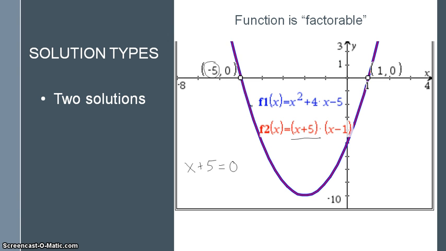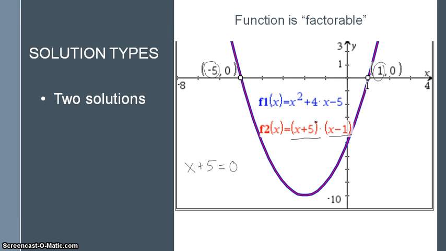So we know that negative 5 is a solution. The factor is x plus 5, because we know negative 5 is the value of x that makes the function 0. Same thing over here, positive 1, substituted into our second part, will make that part be 0. So we can say that negative 5 and positive 1 are solutions.